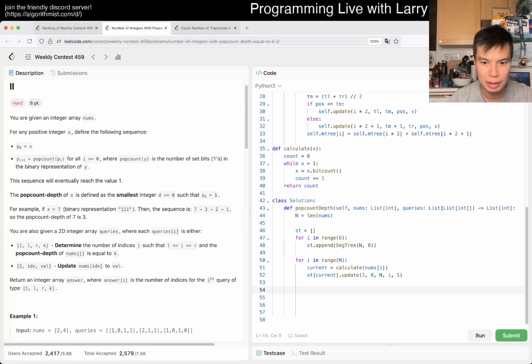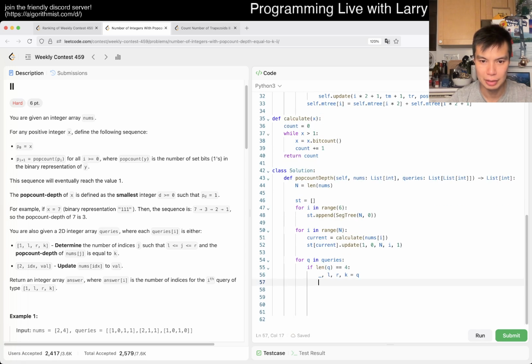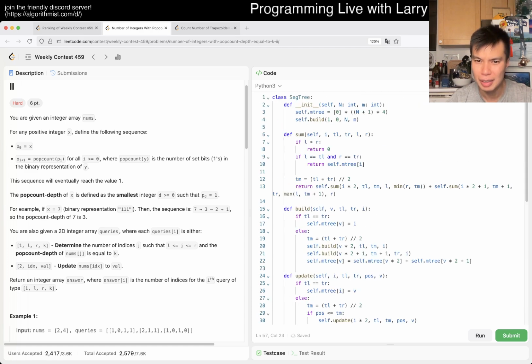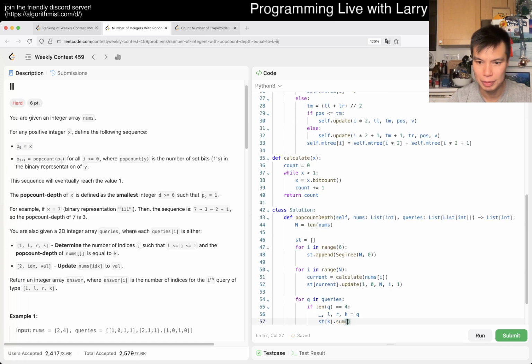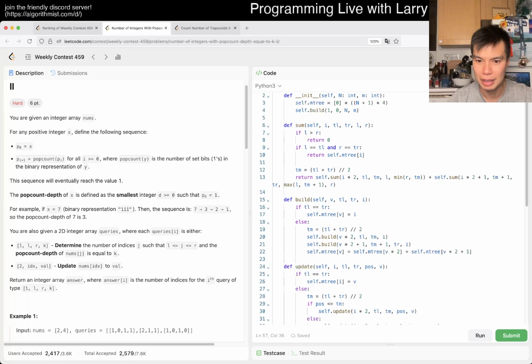What are the queries again? For type, l, r, k is equal to q, right? So then that's just segment of q dot sum, 0 n, or actually maybe n minus 1.